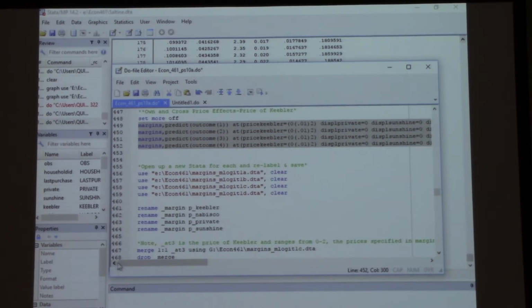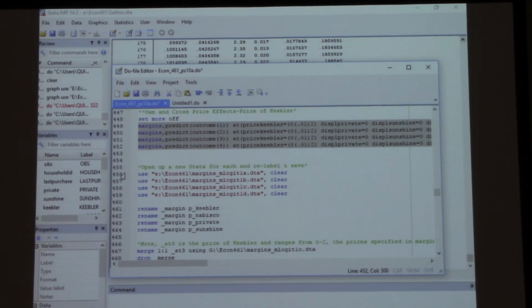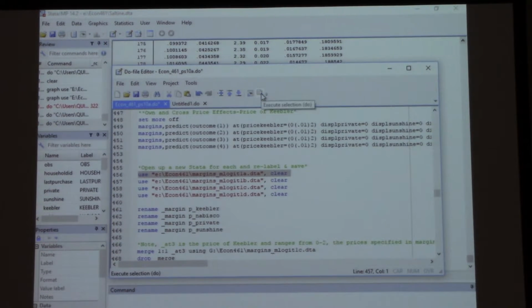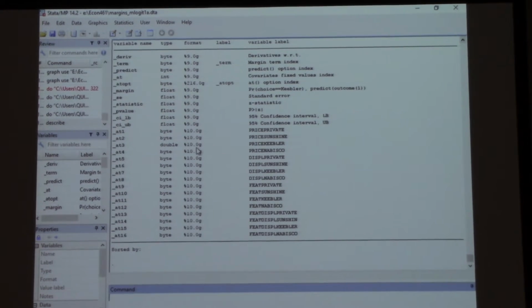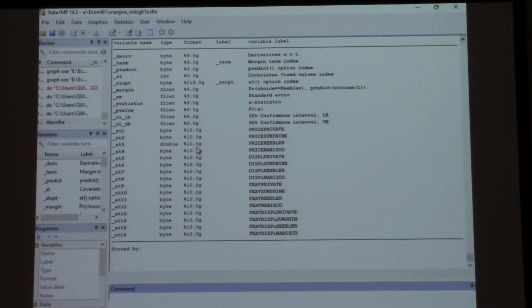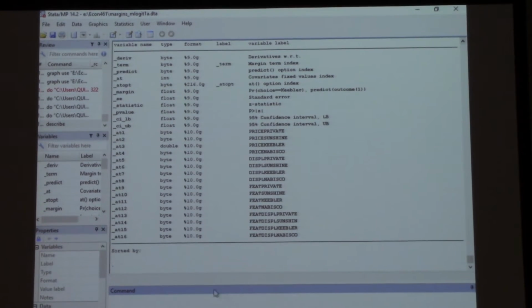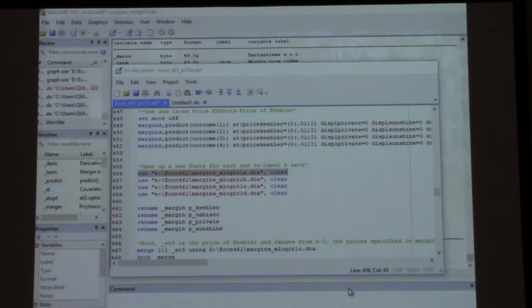All right, done. So let's open up the first one. This is the own price effect. And we know margins is our prediction, underscore margin is our prediction for Keebler, and at 3 is our price of Keebler, so as long as we know what is what, we're fine.